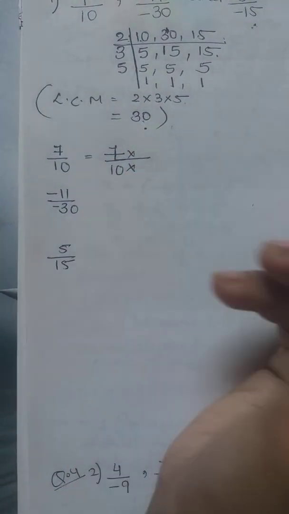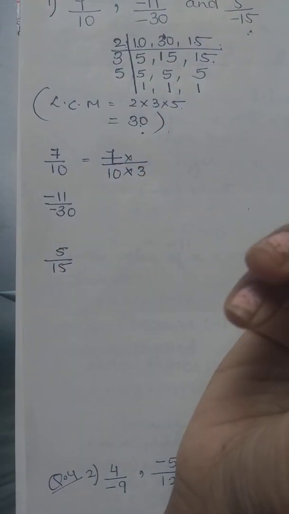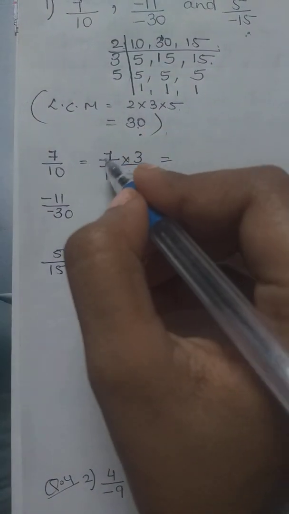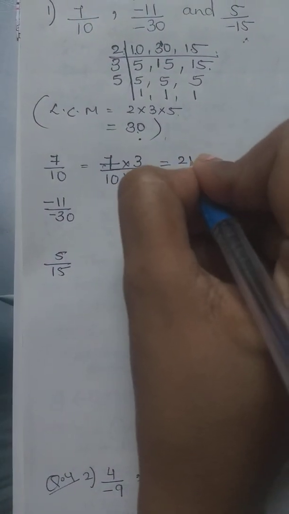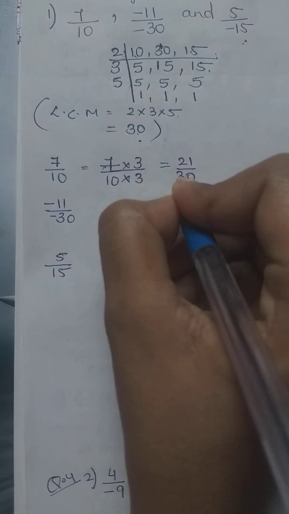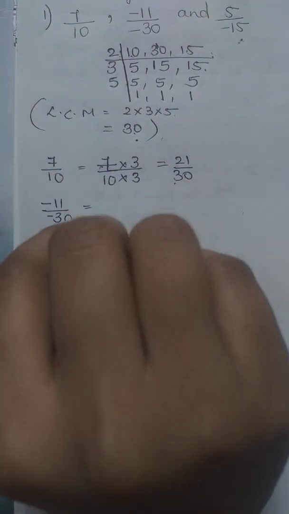What should I multiply by 10 to get 30? Yes, 3. If I am multiplying by 3 in the denominator, multiply by 3 in the numerator. So the answer is 7 3s are 21 and 10 3s are 30. Got 30 in the denominator? Correct. Now the second number. We don't have to multiply with any number because 30 is already there.